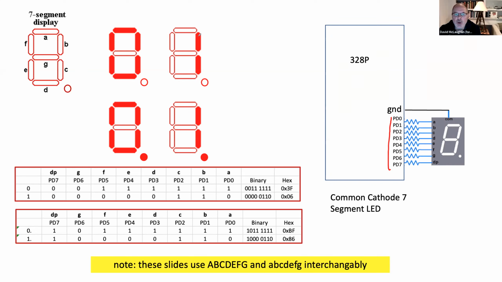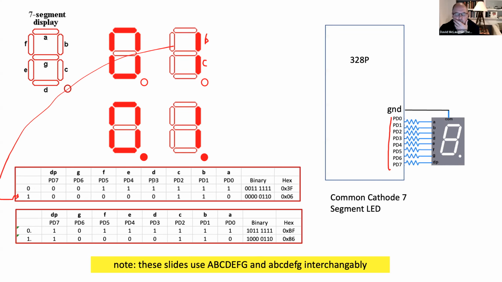Okay, so how do we get a 1? If we want to get a 1, we want B to be high, and we want C to be high, and we want everything else to be low. So what's the bit pattern? Let's come over here and look at it. What I'm showing you is all the segments A, B, C, D, E, F, G, and the decimal point.